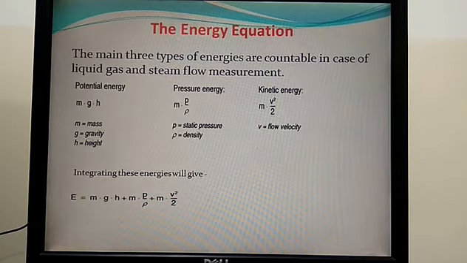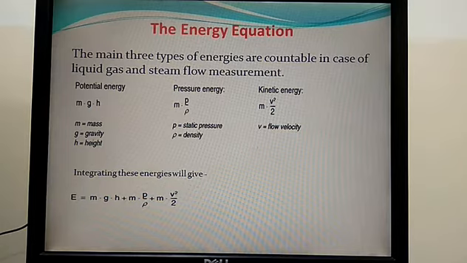The energy equation. The three main types of energy countable in liquid, gas, and steam flow measurement are: potential energy, mass times gravity times height; pressure energy, mass multiplied by static pressure divided by density; and kinetic energy, mass multiplied by square of flow velocity divided by 2.